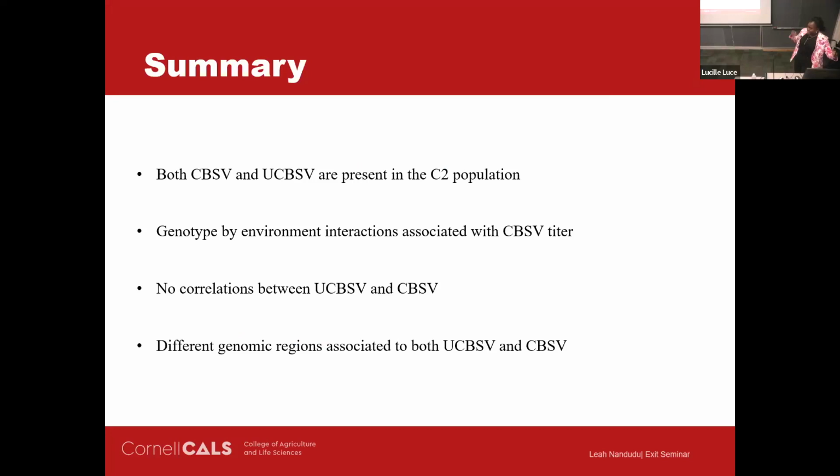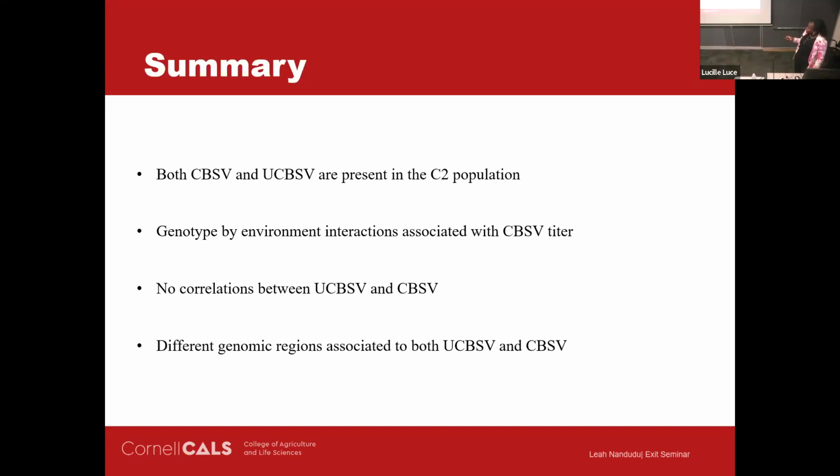Summarizing this, both CBSV and UCBSV are present in the population, so while we say that the incidence was at 44%, this is confirmed by the qPCR results. We know that CBSV, despite being predominant, is highly controlled by genotype by environment interactions. That comes to our recommendation that sampling and characterizing of isolates within locations should be part of routine breeding activities.